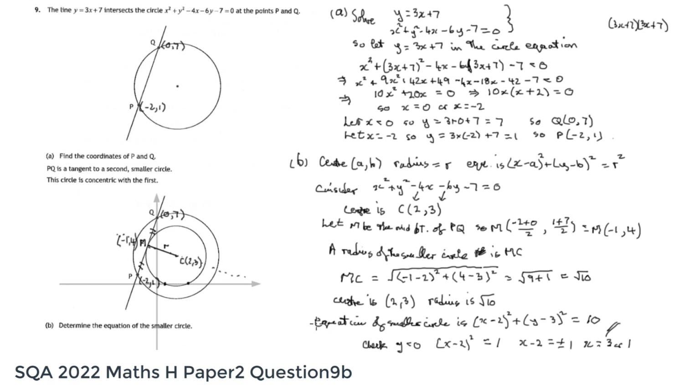So it's a double check. It would seem to be reasonable that the x-axis cuts this smaller circle at 2 places. So I've used the equation we've got to derive something that looks reasonable on the diagram. It's just a wee extra check. Not necessary, don't worry about that. So that's our final answer. X minus 2 all squared plus y minus 3 all squared equals 10.